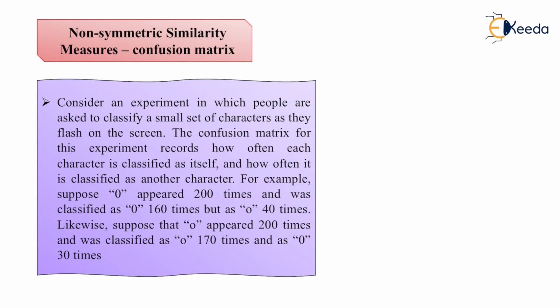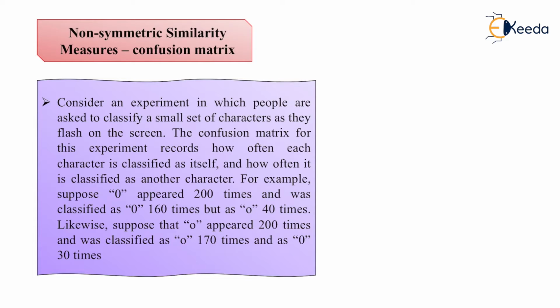Fine. Non-symmetric similarity measures, that is the confusion matrix, very important. Consider an experiment in which people are asked to classify a small set of characters as they flash on the screen. The confusion matrix for this experiment records how often each character is classified as itself and how often it is classified as another character.